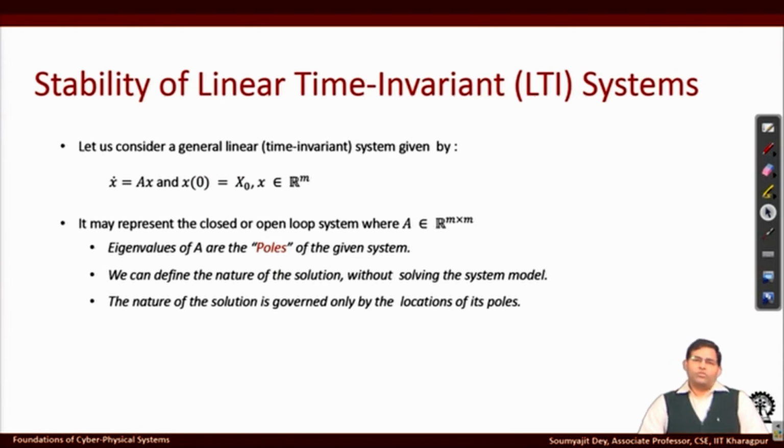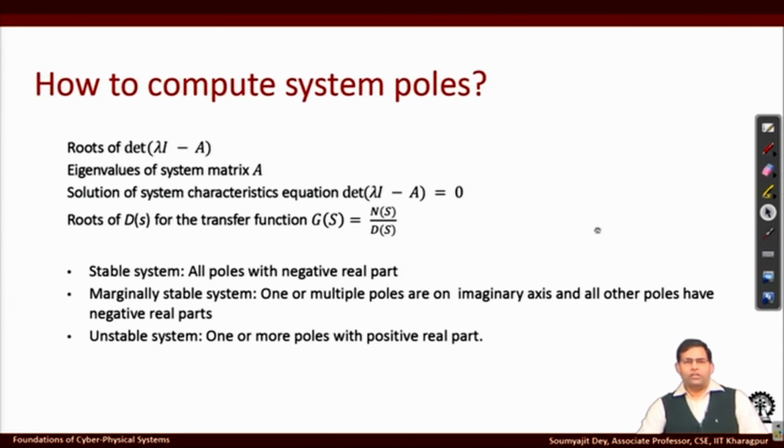So, you can take A, which represents the closed loop system dynamics, and compute the eigenvalues of the system. The eigenvalues of this matrix are the same as the poles of the system, and you can say whether the system is stable or not based on the nature of the solution without even solving the system model. So, again it will just be about the location of the poles.